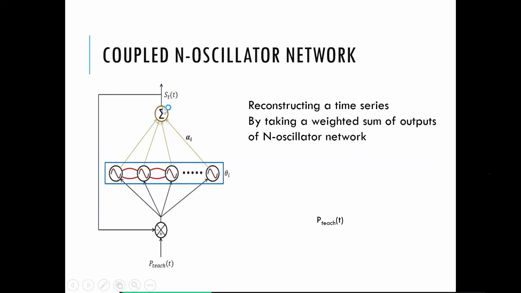To get the output, I add up the outputs of all these n oscillators using some weightages, alpha, and I get some output signal, S(t). My goal is to make this S(t) equal to some desired output, which I will call P teach. How do I decrease the error between P teach and S(t)?